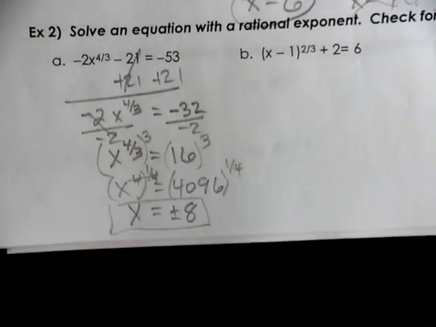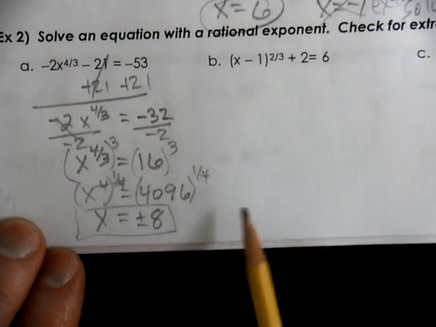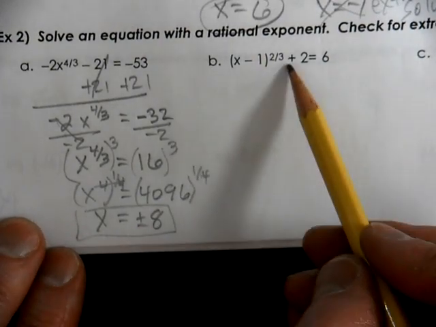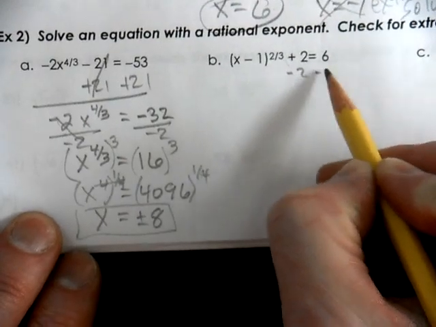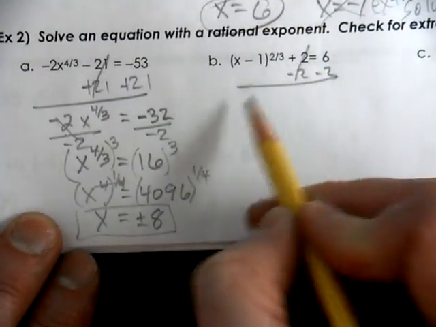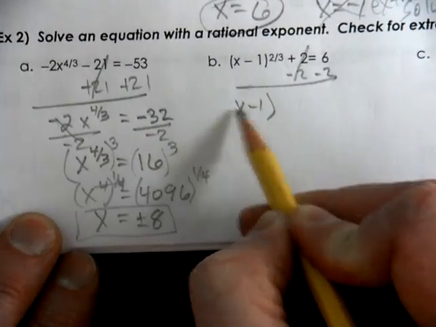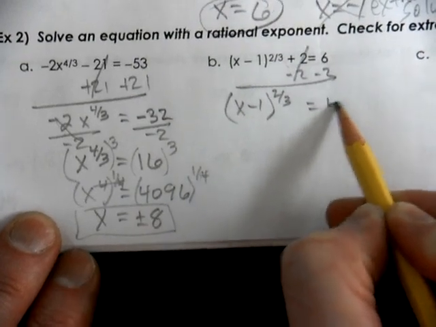It's still going to be plus or minus 8. So we'll try this side. Well, we're going to minus the 2 across. So you get x minus 1 to the 2/3 equals 4.